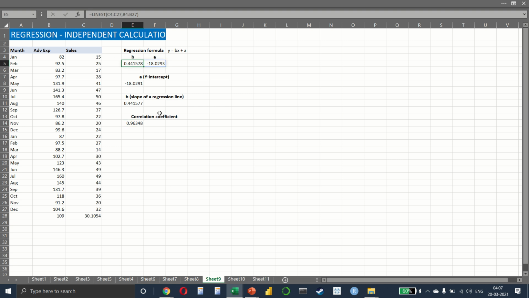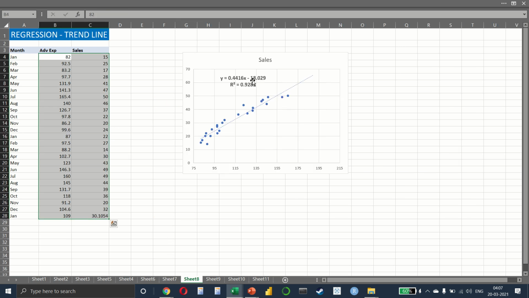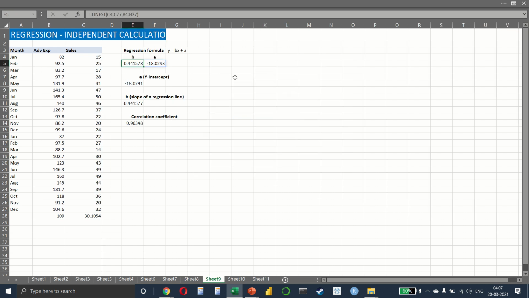Excellent. So you can either run the regression on the Analysis ToolPak to get the coefficient. You can create a line chart and show the equation, or if you just want the numbers, you can simply run LINEST, INTERCEPT, and SLOPE.